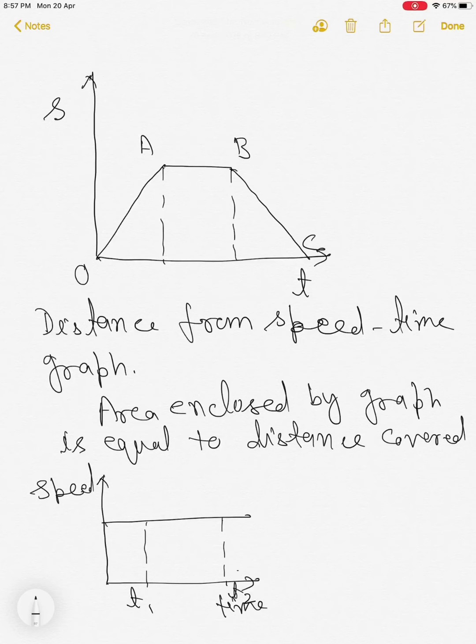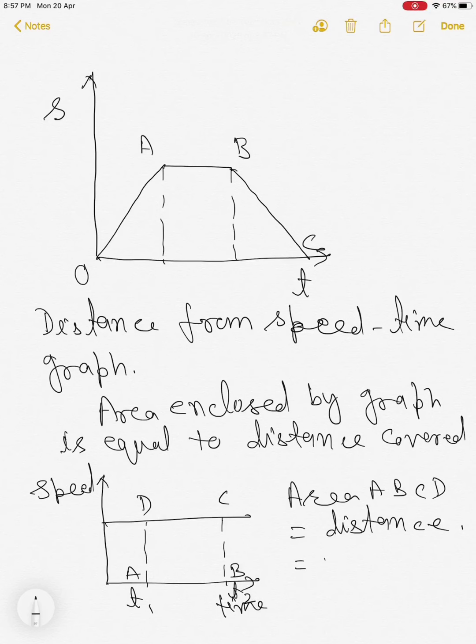Then the area, its name is ABCD, equal to distance, can be found by BC into T2 minus T1.